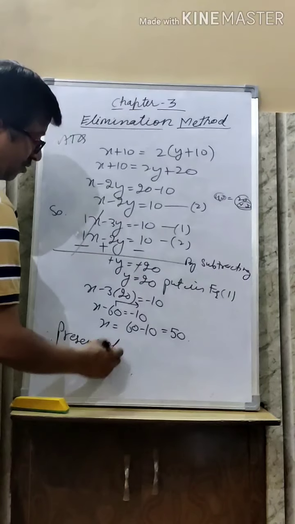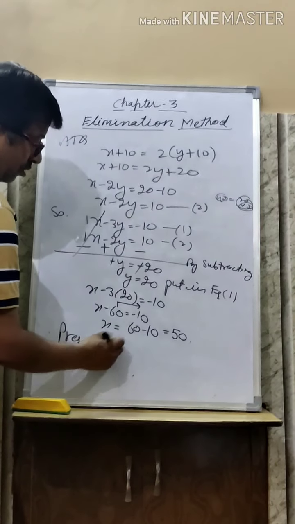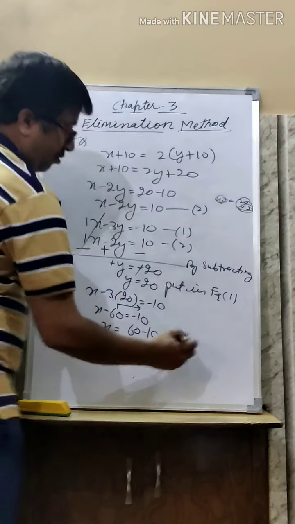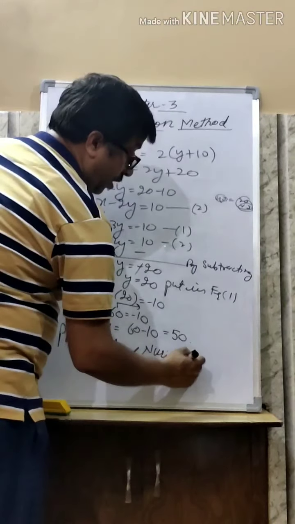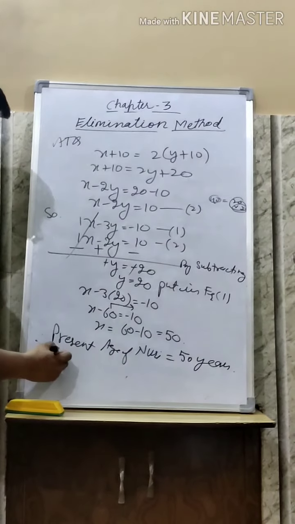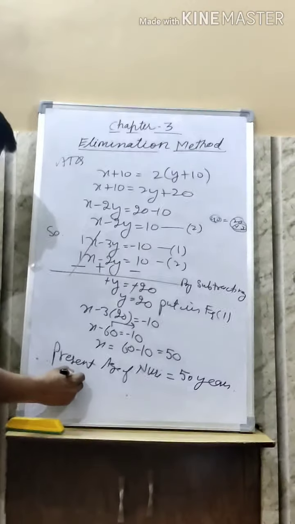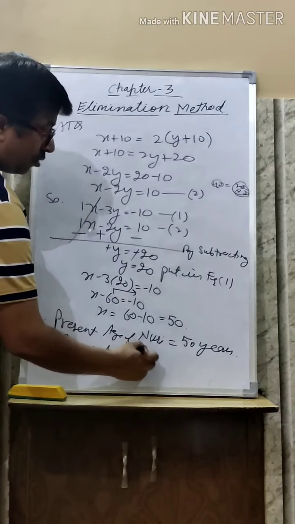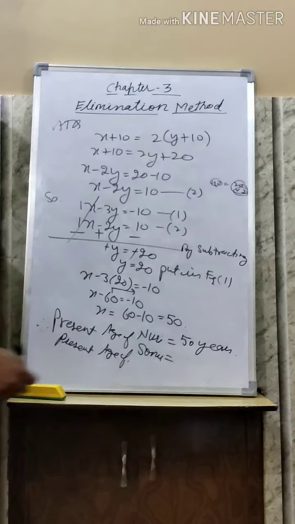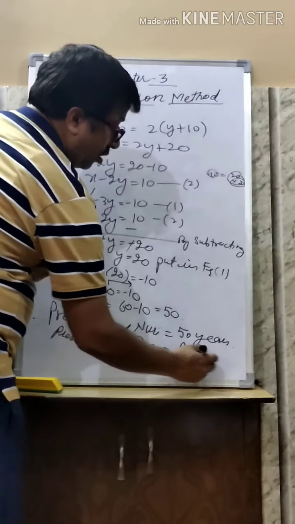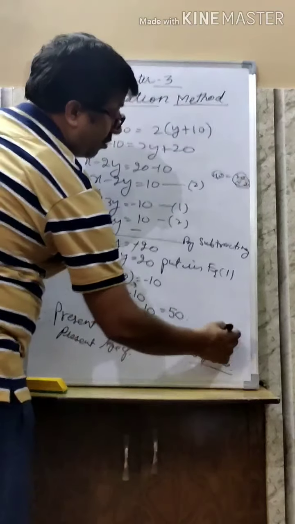So therefore present age of Nouri, it was x. So it is 50 years. And then present age of Sonu, that is y, you have supposed. So it is 20. Then you can say 20 years.